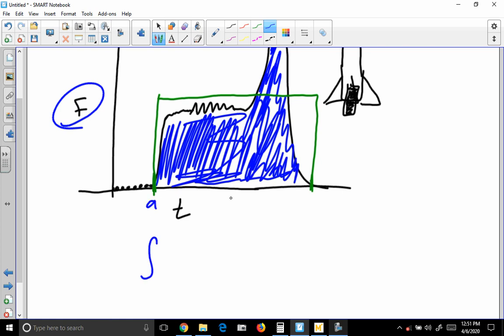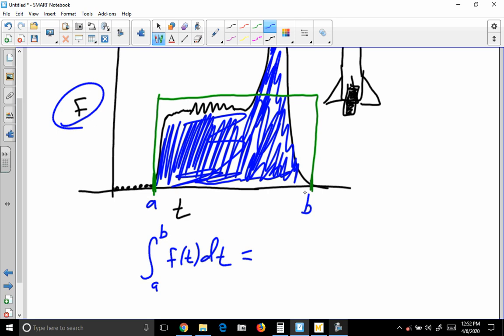So for the blue region, if we had a function for that curve that gave us the force, we would integrate that function. Our variable in this case would actually be time instead of x. So our width would be dt, and we would go from a to b.